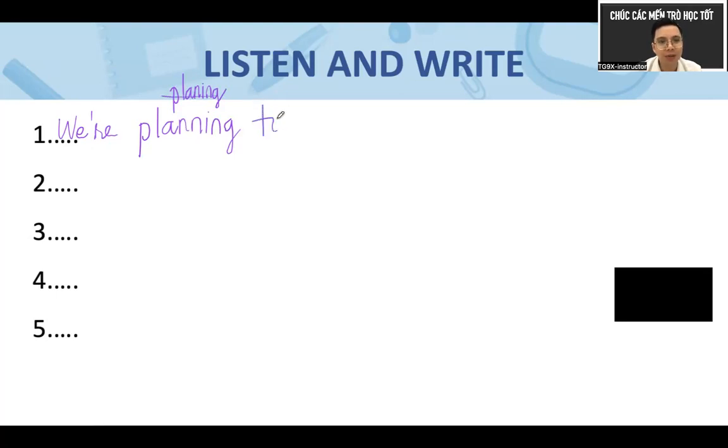We're planning to have, let me repeat, another set of lights. Another set of lights.